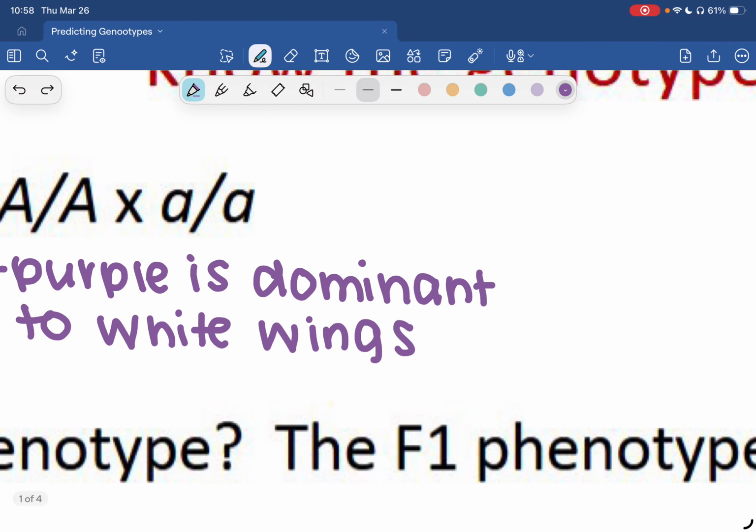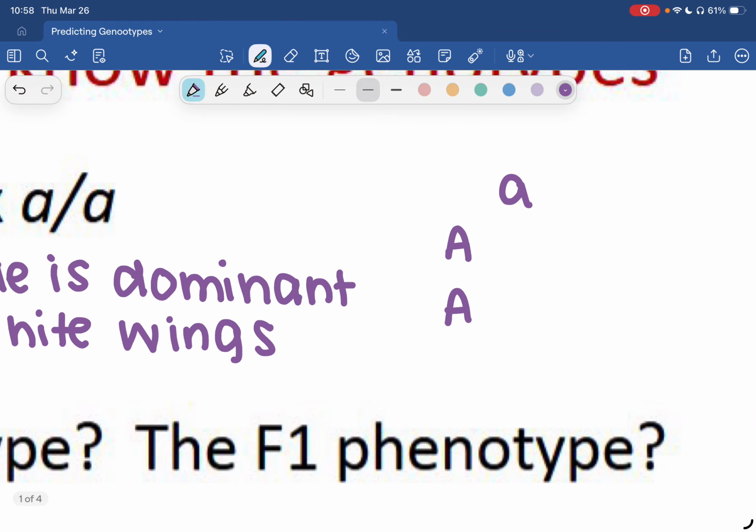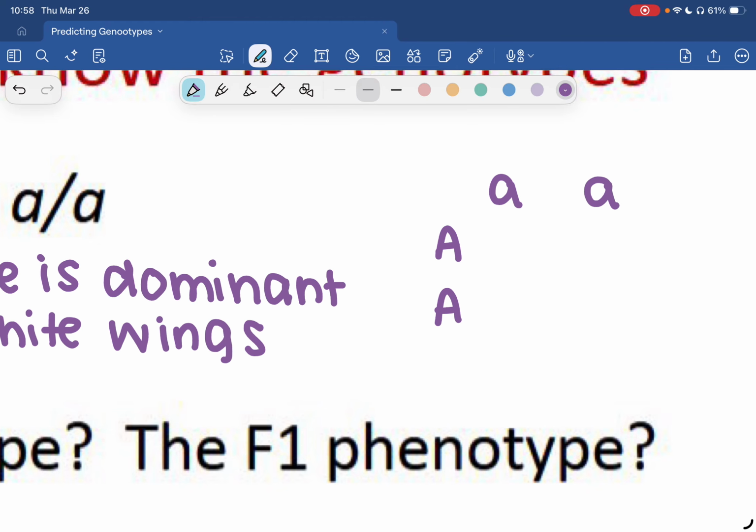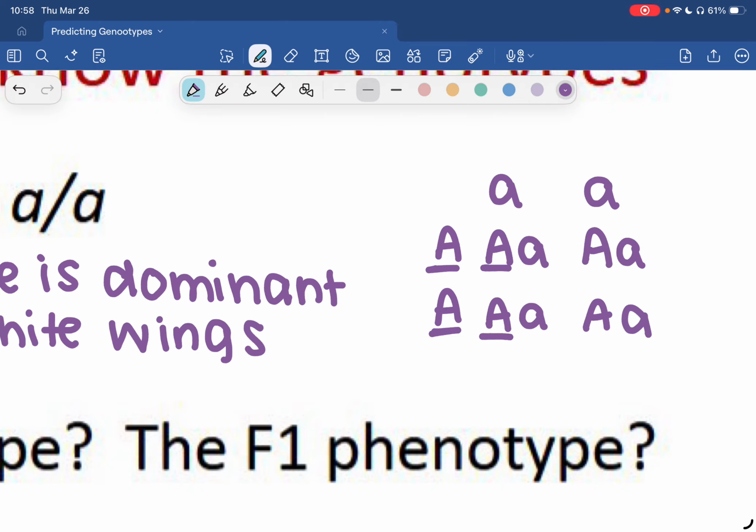So we're going to do big A, and then little a over here, and then we're going to cross the two. And remember, when we're crossing, we just have two big A's, so we need to make sure that every column has an A. And then the little a needs to be the second letter.